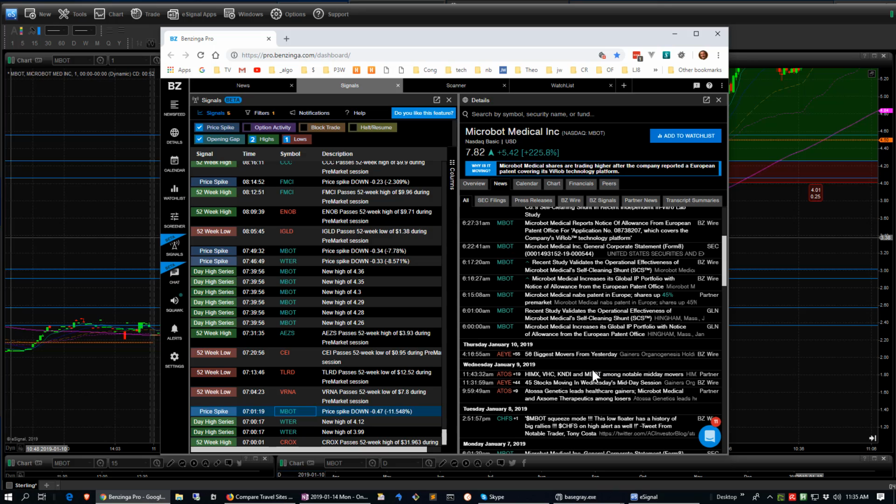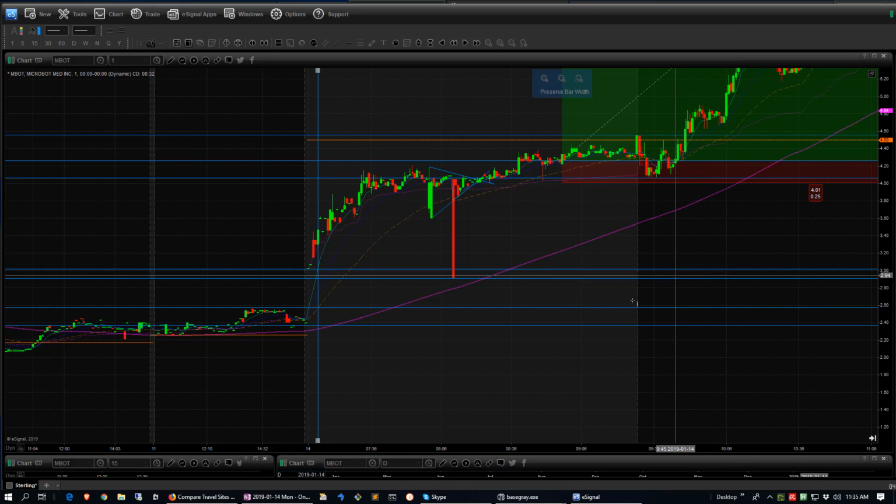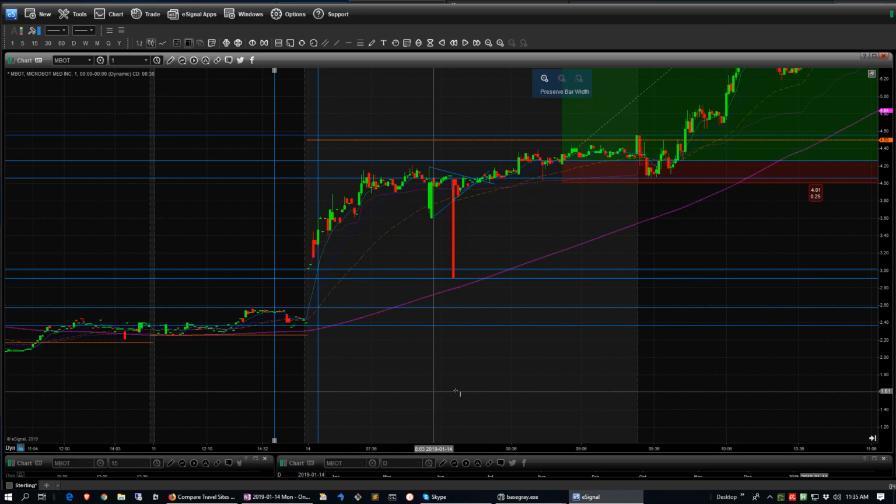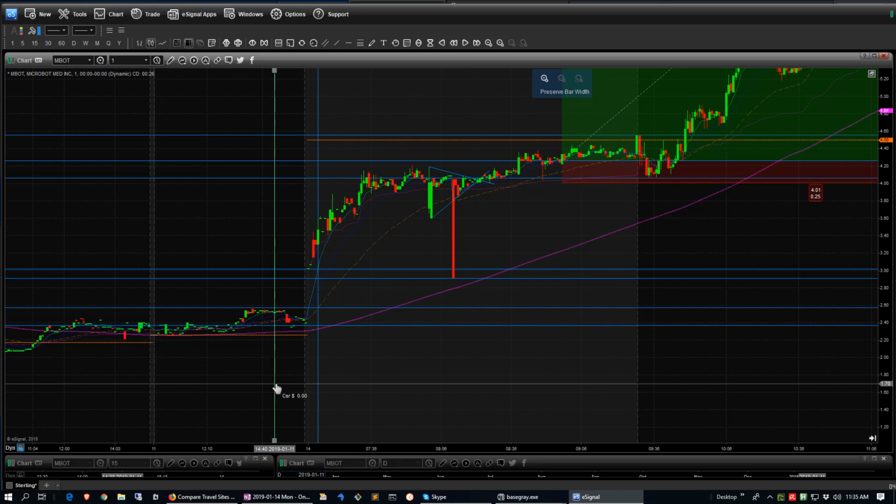This company has a portfolio allowance of a grant. I suppose a company that receives a grant, or excuse me, a patent, would be a good candidate for a nice pop as far as the price. 6 a.m. So let's look at the chart at 6 a.m. Let's get rid of that little vertical bar.